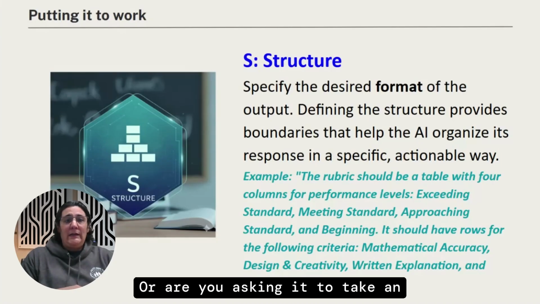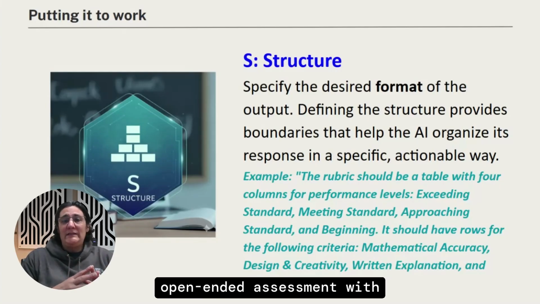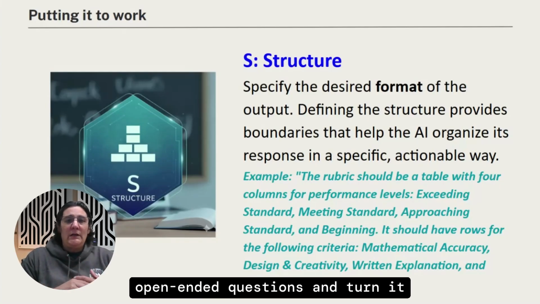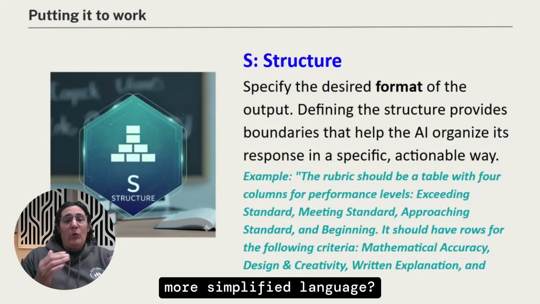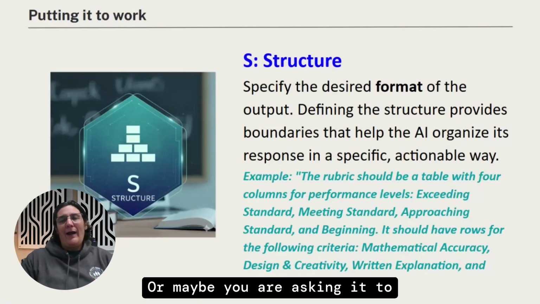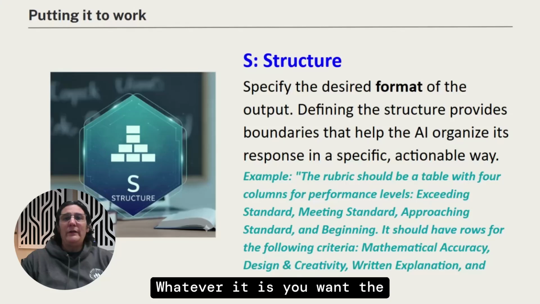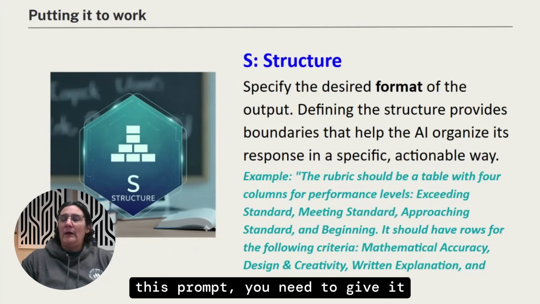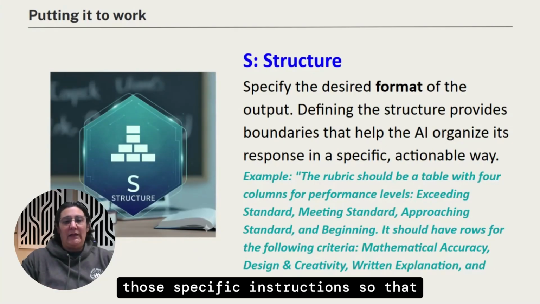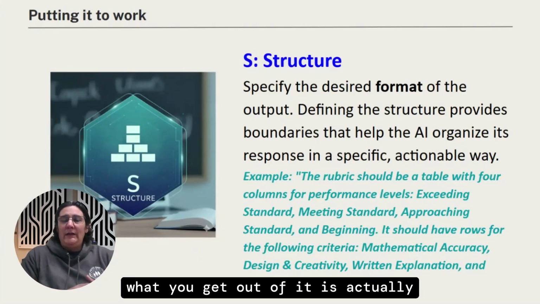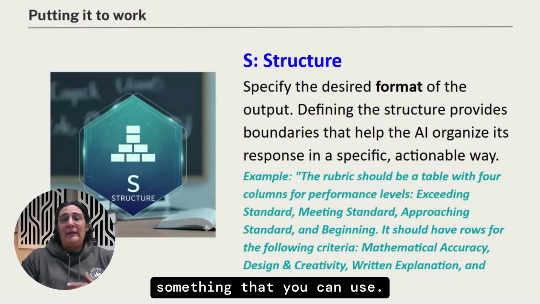Or are you asking it to take an open-ended assessment with open-ended questions and turn it into multiple choice options with more simplified language? Or maybe you are asking it to create sentence frames for student responses. Whatever it is you want the computer to create for you based on this prompt, you need to give it those specific instructions so that what you get out of it is actually something that you can use.